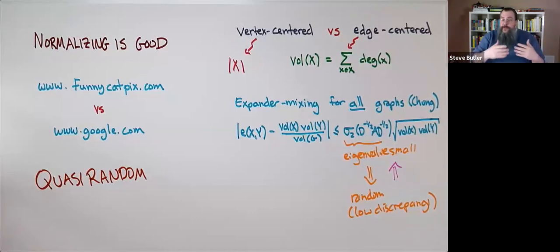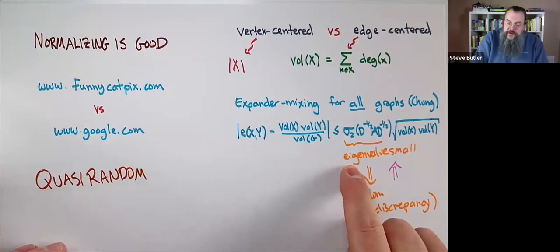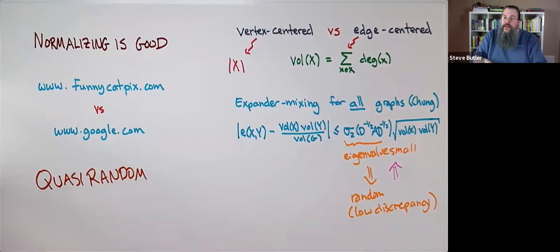Even though you can construct graphs using lots of symmetry and structure, they can still have random-like properties. And that comes by saying, if I can understand the eigenvalues, that's one of our properties for quasi-random, then that tells me this graph behaves randomly and therefore has these additional properties.